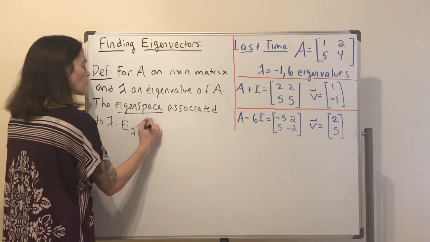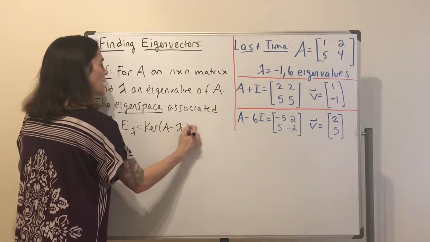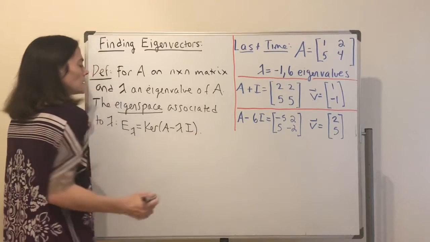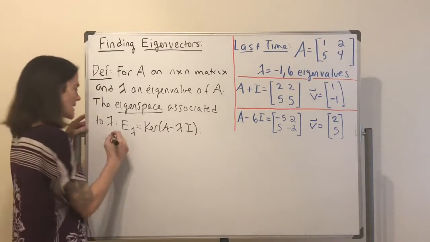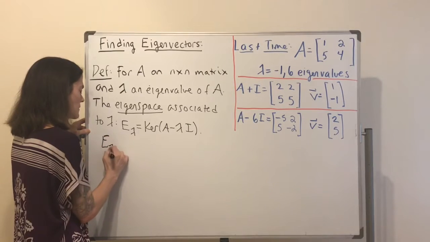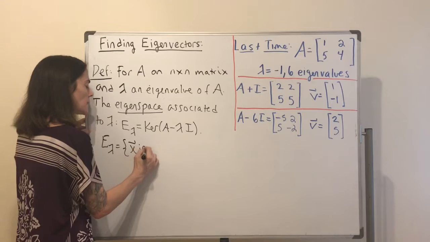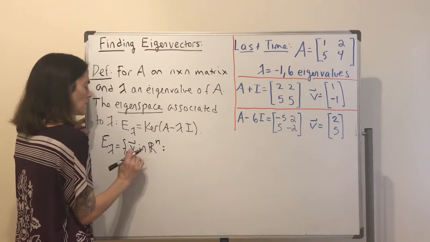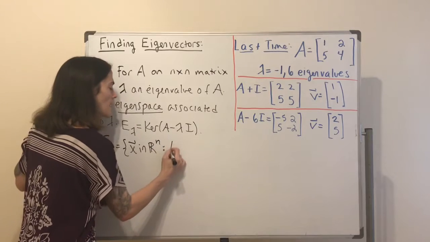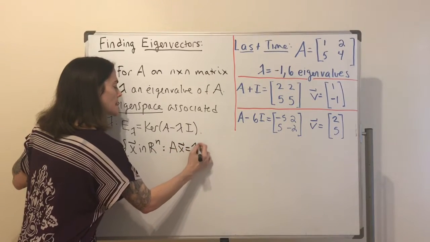This is the kernel of A minus lambda I. Another way to say this is that E lambda is the set of all x in Rn such that Ax equals lambda x.